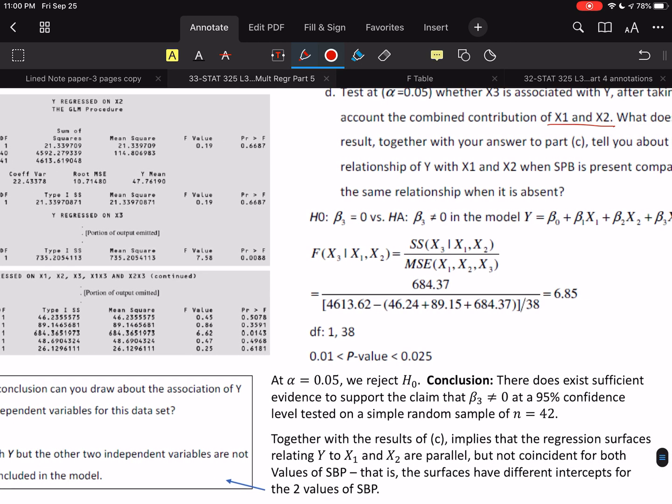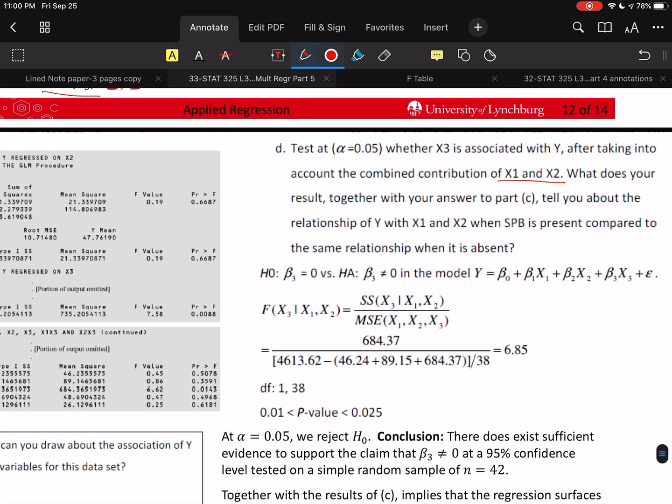Okay. So now we're doing this test for whether x3 is associated with y after taking into account the combined contribution of x1 and x2. Together with part C, what does that tell us about the relationship of y with x1 and x2 when SPB is present compared to the same relationship when it's not? So we have our null hypothesis and our alternative hypothesis in the model, and we have F of x3 given x1 and x2, that's SS of x3 given x1, x2 over 1, and then the MSE of x1, x2, x3.